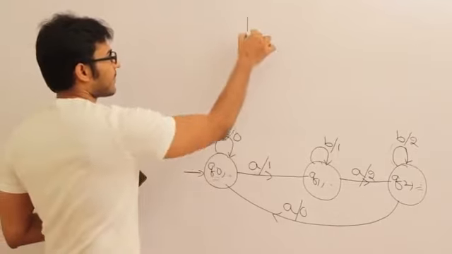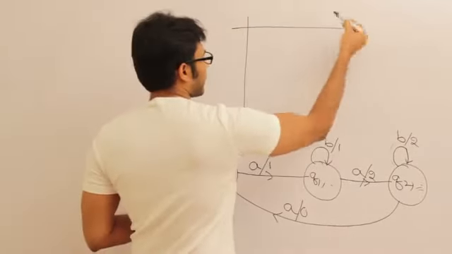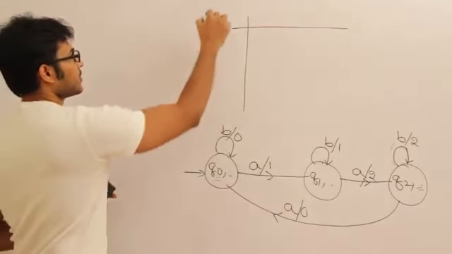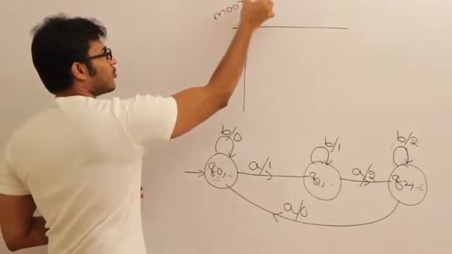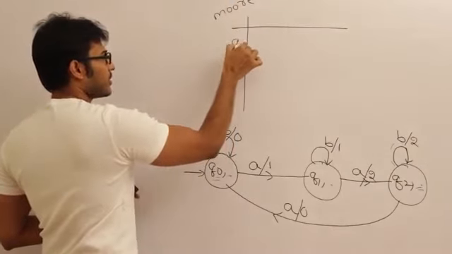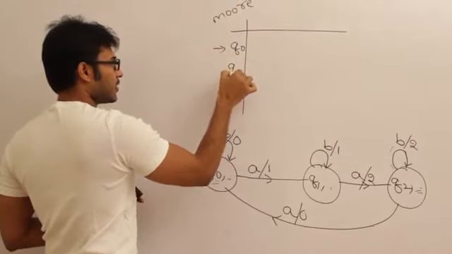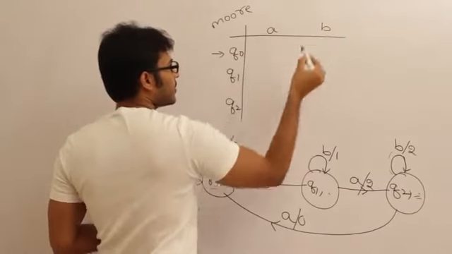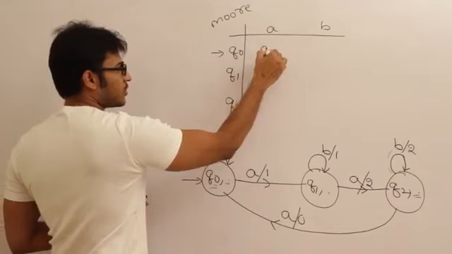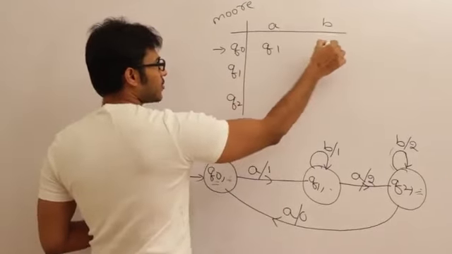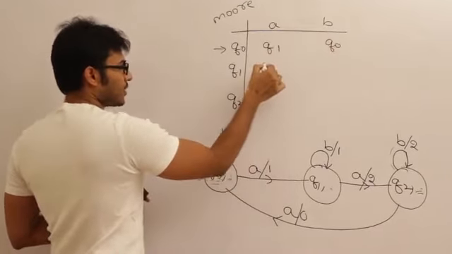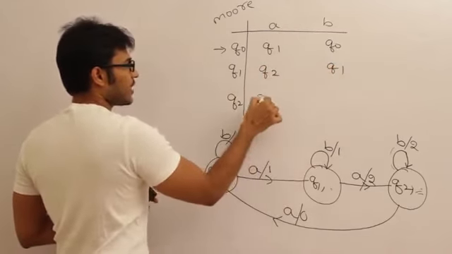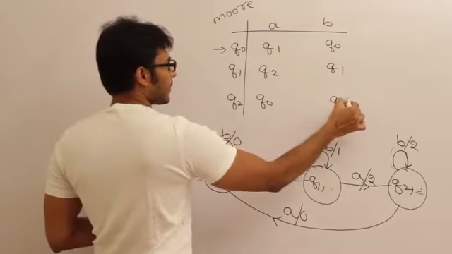Now let us take the state transition table for the same Moore machine. Now the Moore machine state transition table is like this. Q0 is the start state, then Q1 and Q2, and inputs are A and B. So Q0 on A is going to Q1 and Q0 on B is going to Q0 itself, and Q1 on A is going to Q2 and on B is going to Q1 itself, and Q2 on A is going to Q0 and on B it is going to Q2 itself.